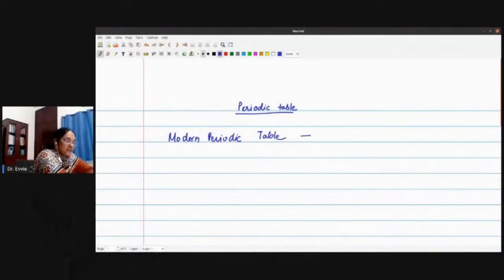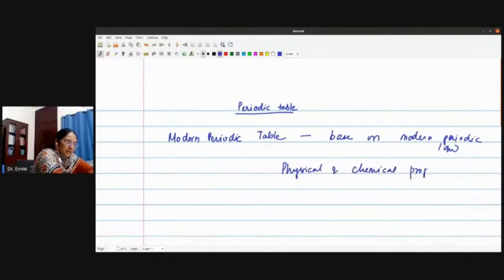This is completely based on the modern periodic law. So what is this modern periodic law? All the physical and chemical properties of elements are a periodic function of their atomic number.